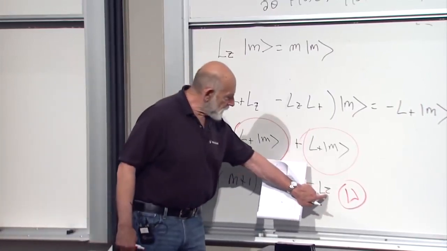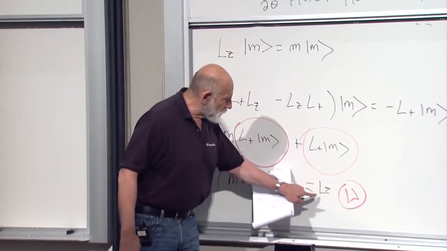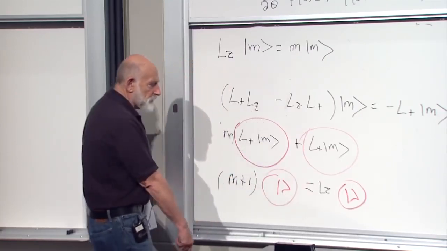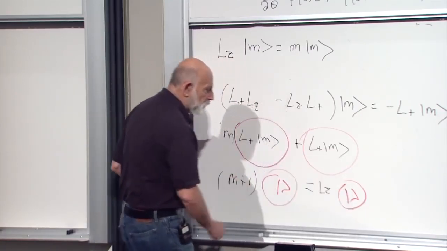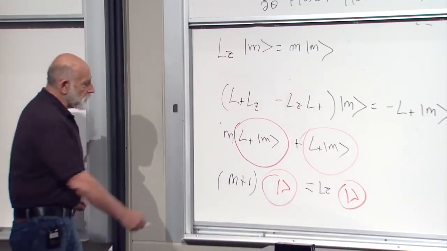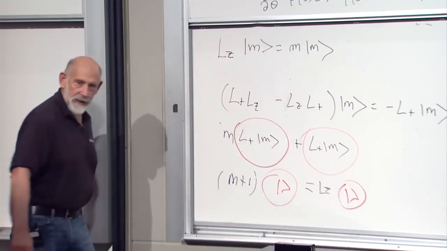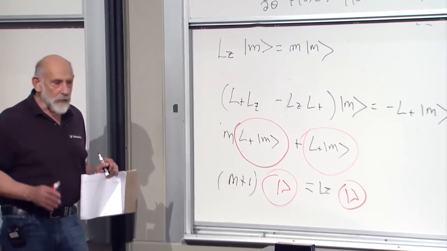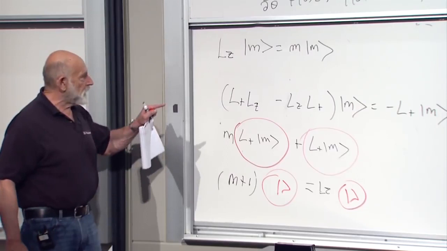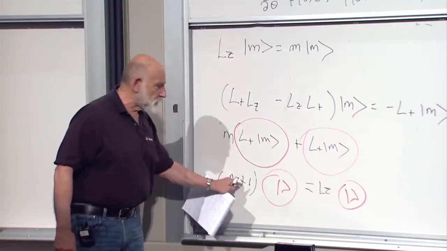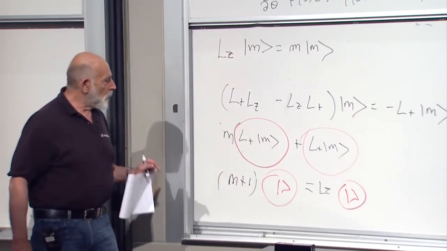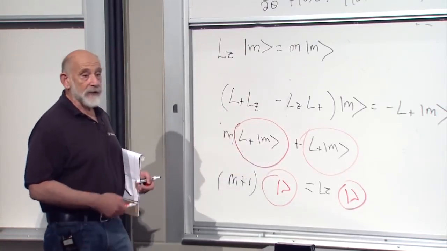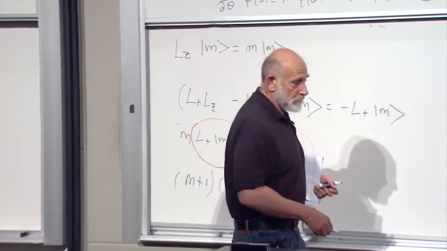This says that there's another eigenvector of Lz. This equation is an eigenvector equation for Lz. Lz, acting on the red eigenvector, gives us m plus 1 times the red eigenvector. What does this mean? It means we've discovered another eigenvector of Lz with eigenvalue m plus 1. We can just call the thing in the red bracket the eigenvector m plus 1.